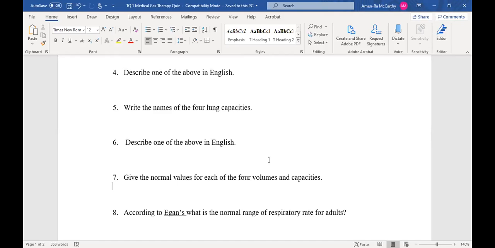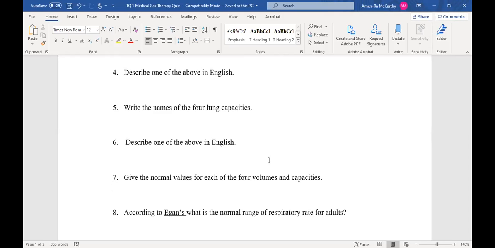Not normal. What's left over after a normal exhalation is FRC, but what's left after a forced exhalation is residual volume. So RV is the amount of volume left in the lungs after a forced exhalation. That's what you can't get to. You push, push, push, but you still can't get to it.